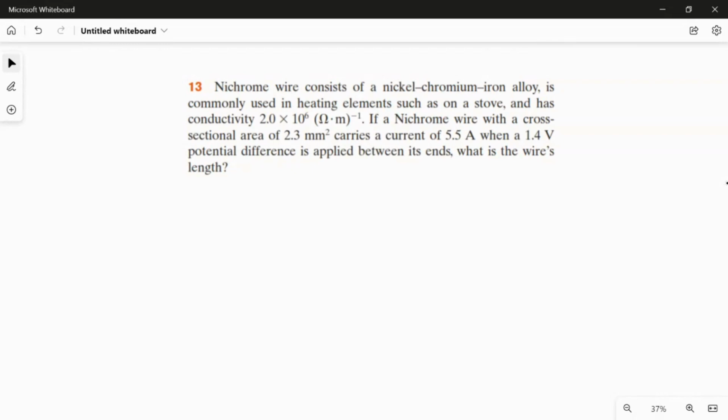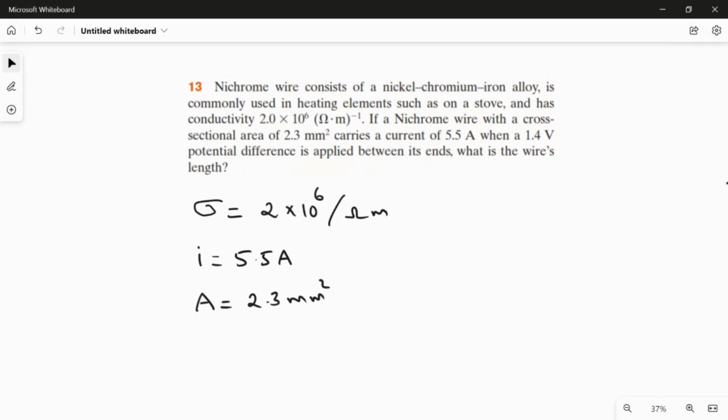So here the conductivity is sigma, right? So sigma takes the value of 2 multiply 10 power 6 per ohm meter. And also the current is given here as 5.5 ampere, and the cross-sectional area is given here as 2.3 millimeter square.